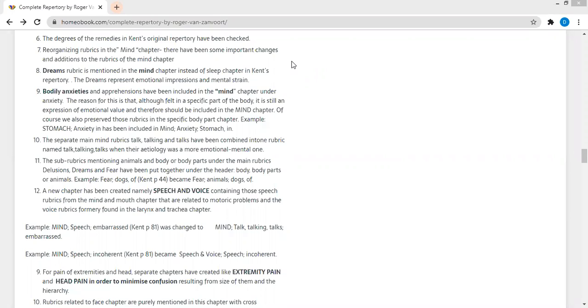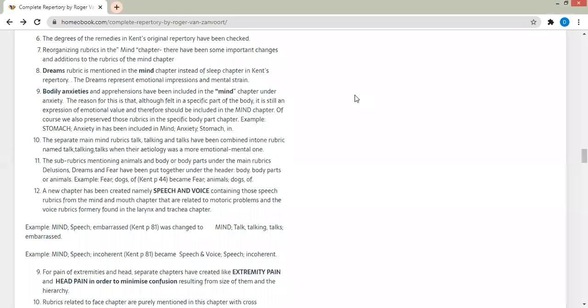Bodily anxieties and apprehensions have been included in the mind chapter under anxiety. So the bodily anxiety is also related to anxiety of mind, so it was included under the section mind.